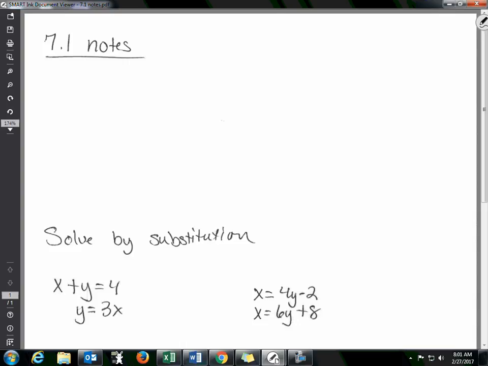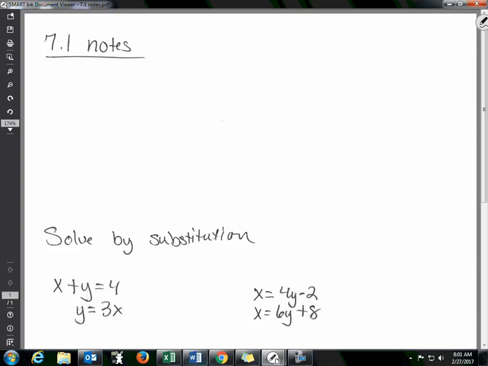That's what the space on the top part of your notes is for, so we can get a good picture of what each of these types of solutions looks like, and you can keep these in mind as you're solving.